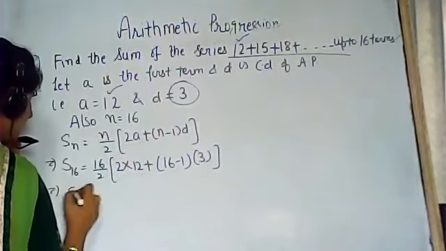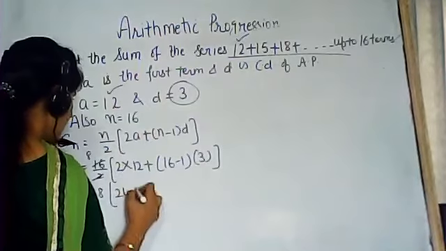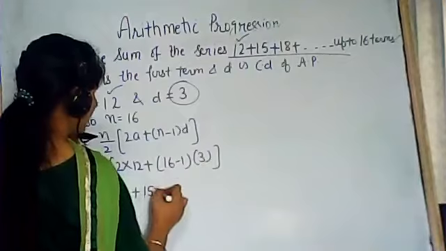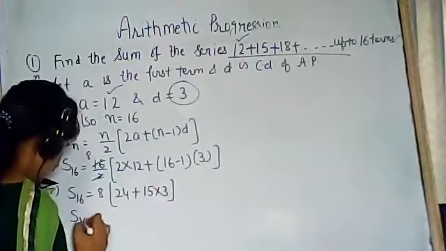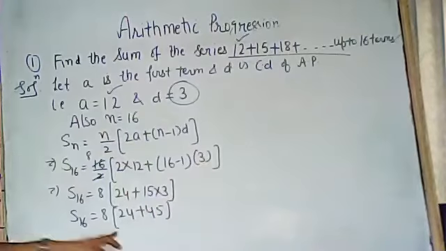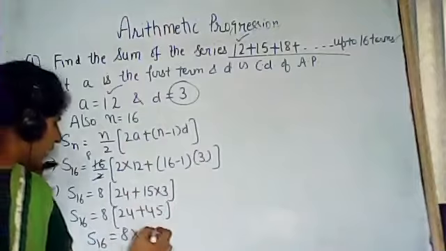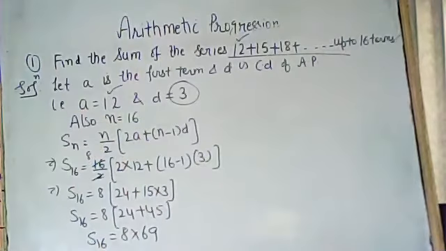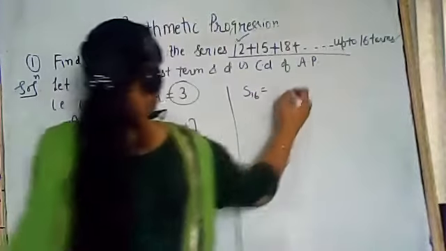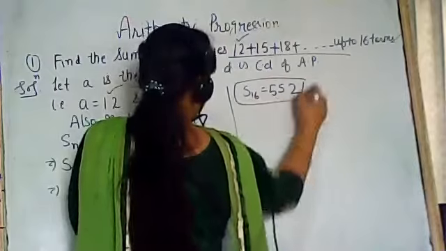After simplification, you will get S16 equals 8 into (12 into 2, which is 24, plus 16 minus 1, which is 15, into 3, which is 45). 15 times 3 is 45. Now after adding these two numbers, S16 equals 8 into 69, which equals 552.